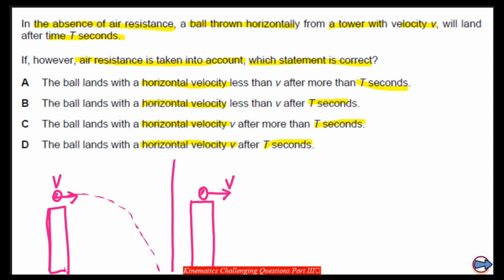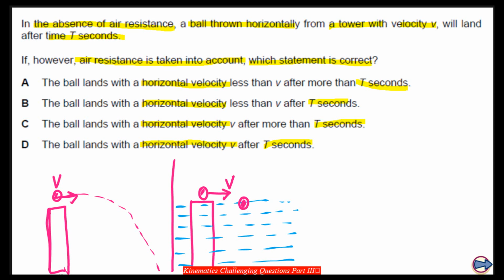In this case, if we consider the effects of air resistance, these are air particles present here. When the ball is moving, let's say the ball is at this point, it will hit air particles.